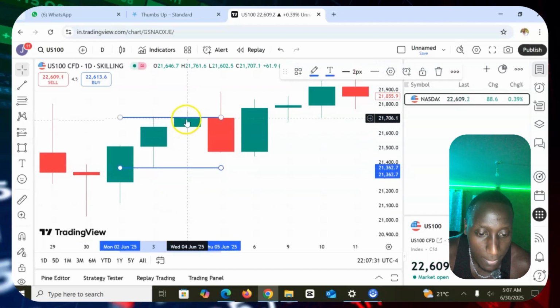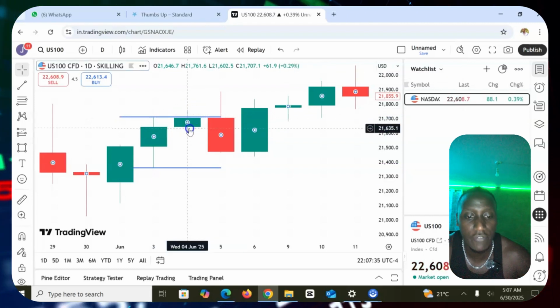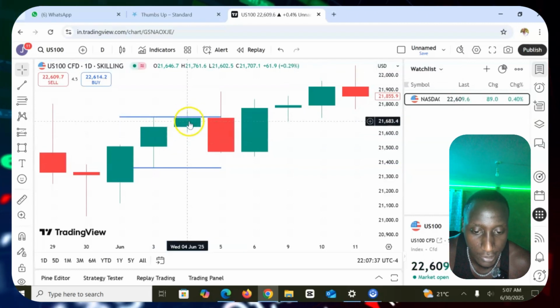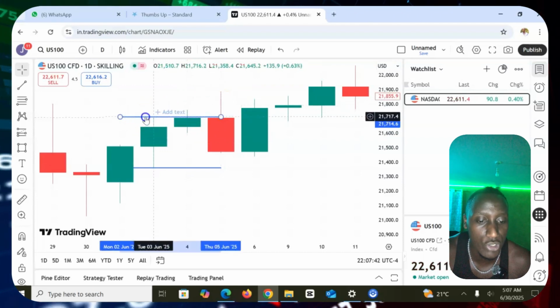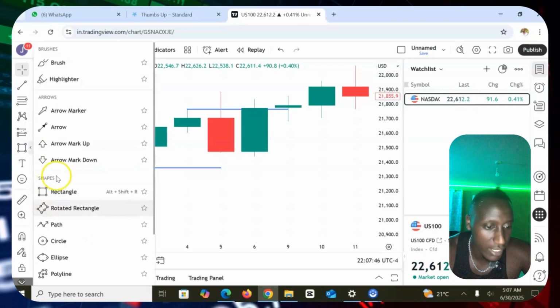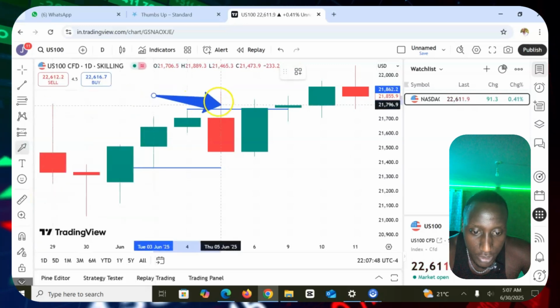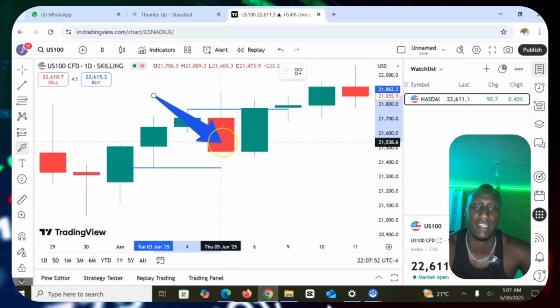But then on Wednesday, price breaks out, then closes back inside of the range, giving us our first failed breakout, which is a signal that on Thursday, all you have to do is wait for price to do what? To come to the high of the week, clear liquidity, and then boom, look at that. It was an easy sell.